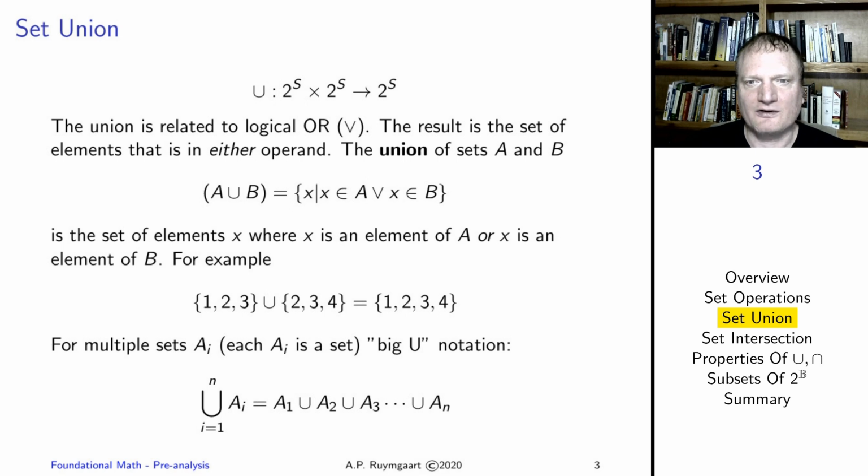Now, if we do union multiple times on a collection of sets, where we'll use the collection notation A subscript I, we can write that with this big U notation that you see at the bottom of the slide. So big U notation simply means I'm applying the union operation multiple times on a group of sets, as you see indexed, shown on the slide here.